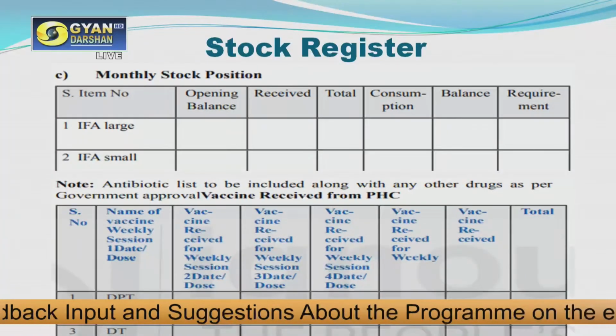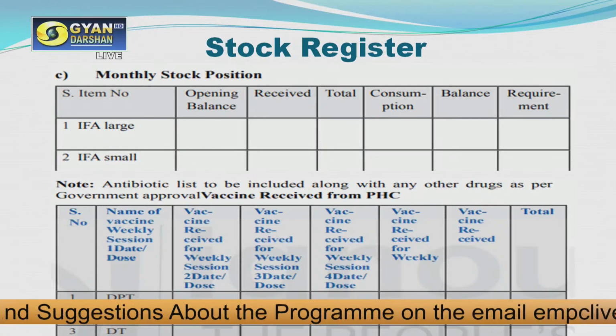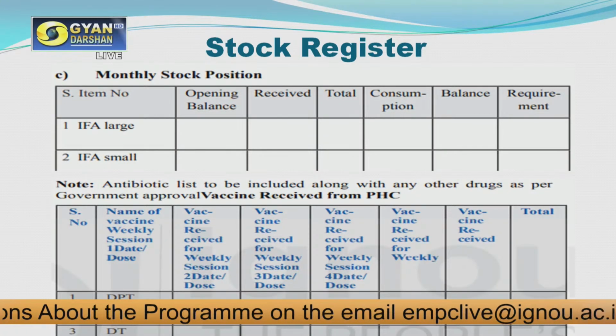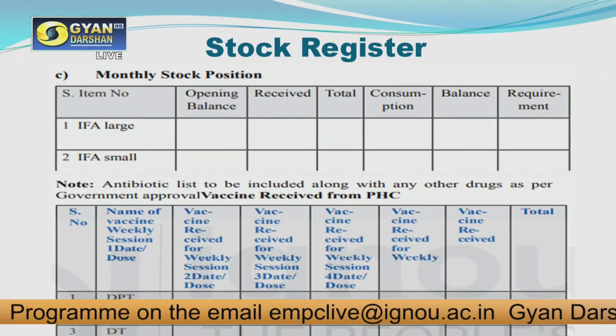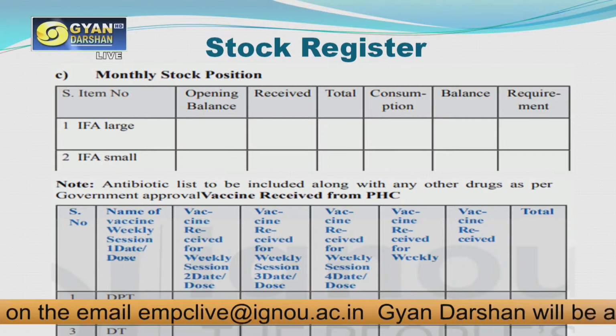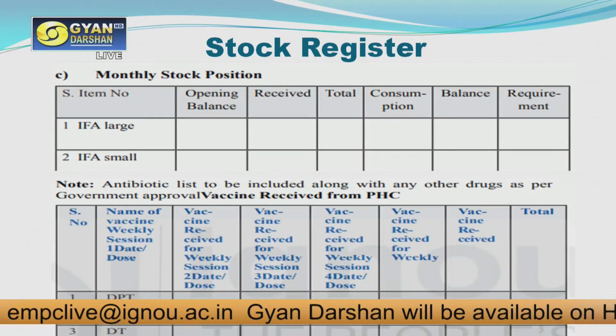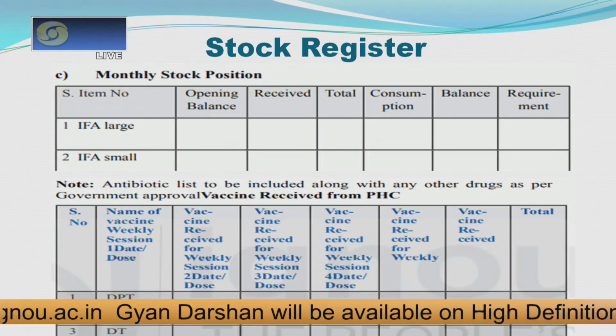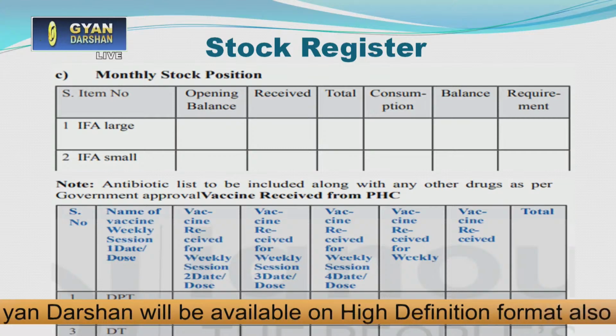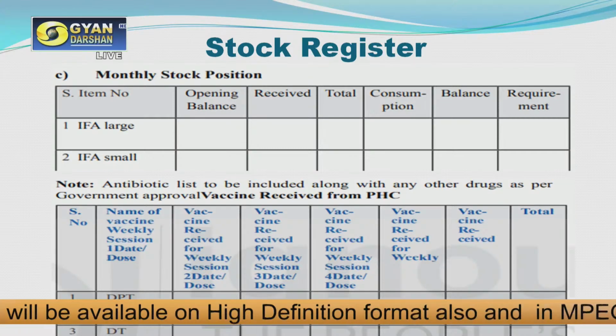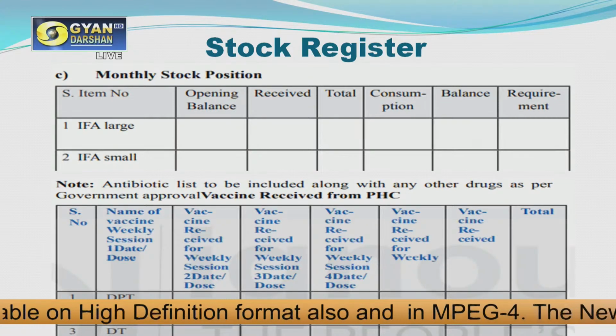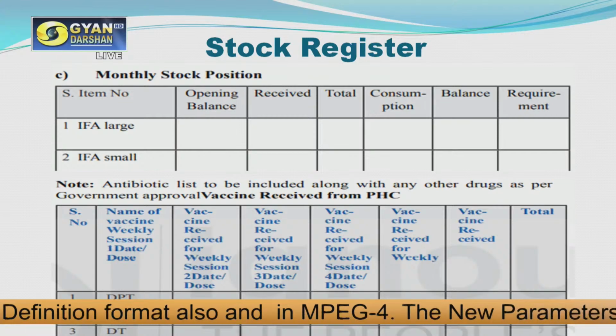Then iron folic acid tablets, which can be for the adolescent as well as for the adults, so you have to record them separately. Then vitamin A solution, condoms, oral pills, IUDs, syringes and needles, all those you will be recording in the inventory register.